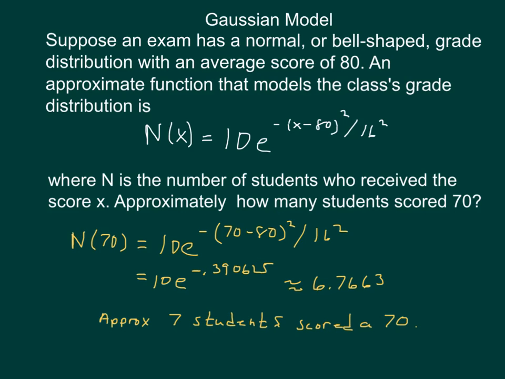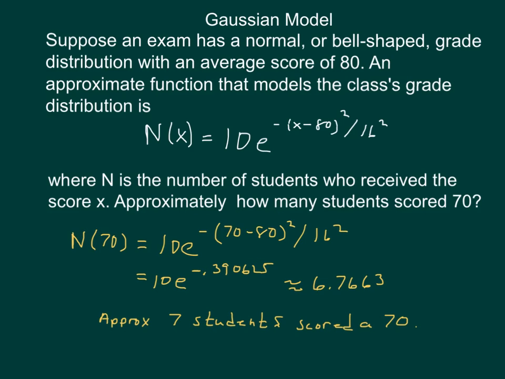So what we want to do is approximately find out how many students scored 70. Remember, the score is x. So I'm going to put 70 in for x. So n of 70 is going to be 10 times e to the negative quantity, (70 minus 80) squared, divided by 16 squared.